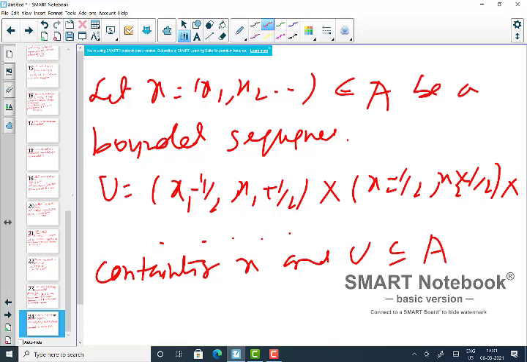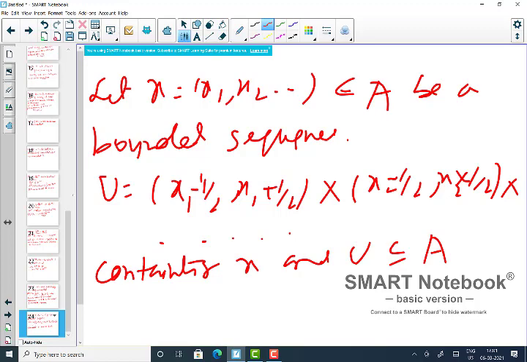And similarly, every point of the unbounded sequences is also an interior point, because if a point is unbounded, so what does that mean? That means there does not exist an integer or real number n such that every entry is less than or equal to that, right?